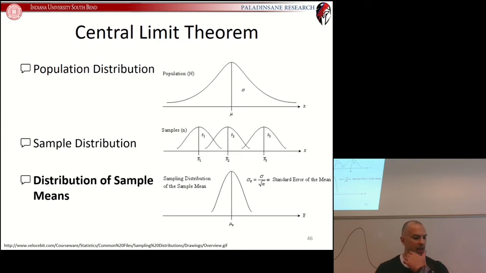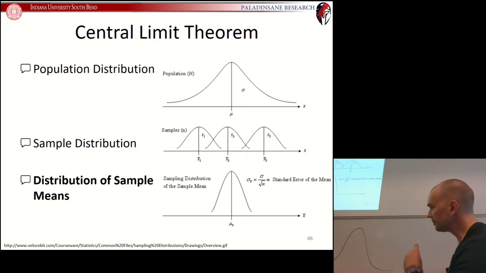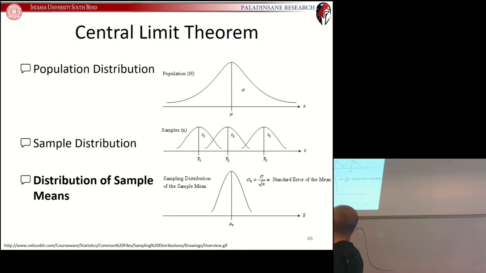The other thing that I'll just kind of foreshadow, you might be thinking to yourself, well, this is great because we wanted to figure out what the distribution of sample means is without taking a million samples. And we found out that the mean of the distribution of sample means is the same as the population mean, and the standard deviation of the distribution of sample means is related to the population's standard deviation.